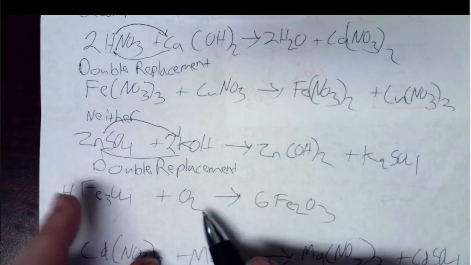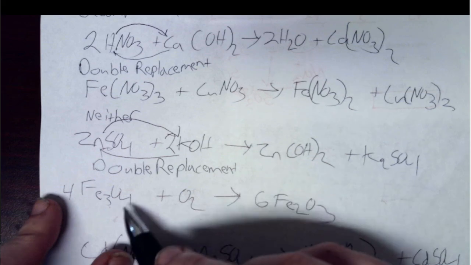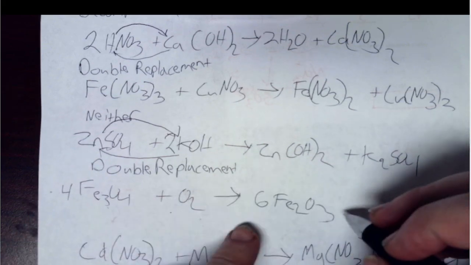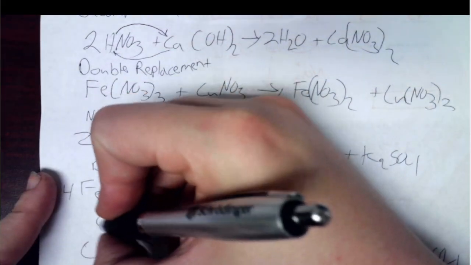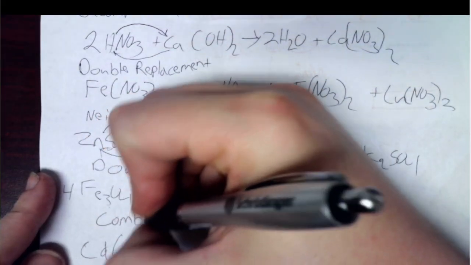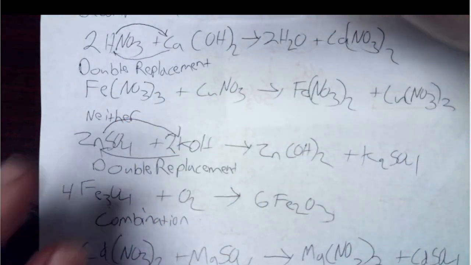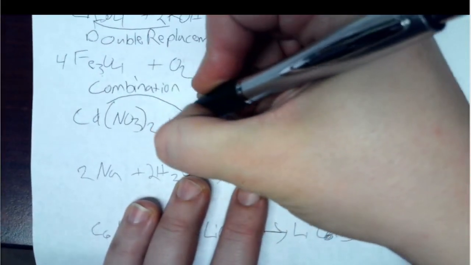Two different things are becoming one. Sure, there's four of these, but two different things are merging to form one big thing. So this is a simple combination. Two compounds are swapping.